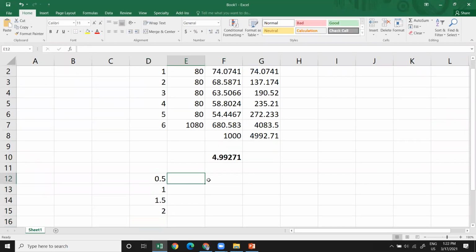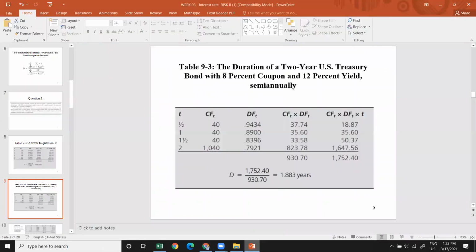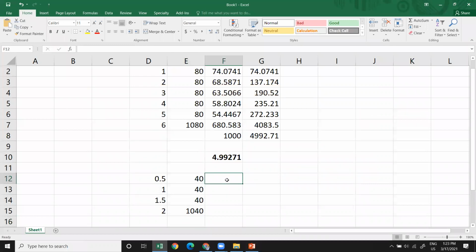The cash flows are 40, 40, 40, and 1,000 plus 40. Then I discount again with 1.12, the YTM, to the power of this, because it's not 1 year, it's one period, which is half a year.